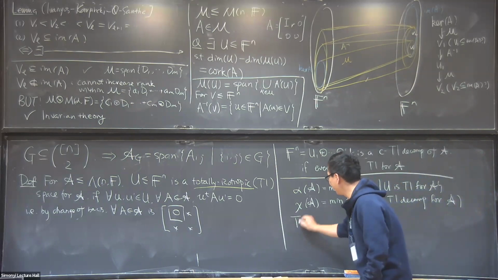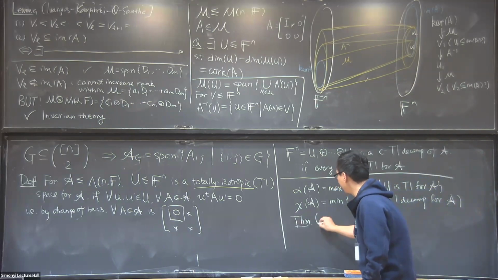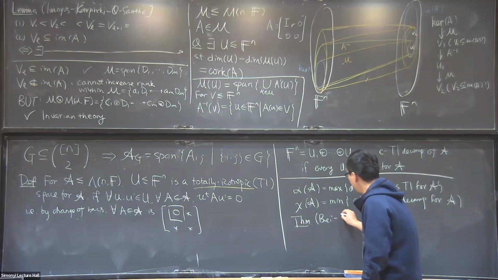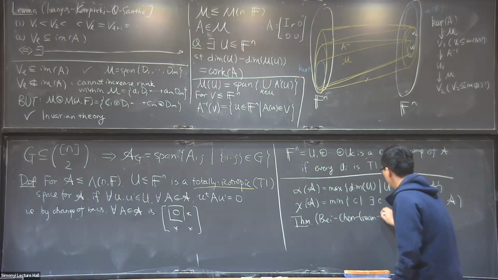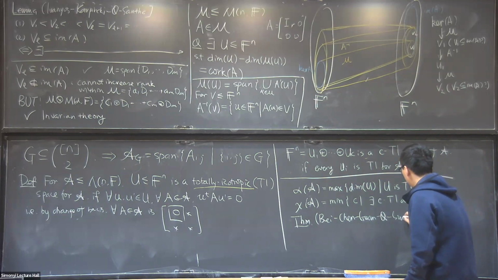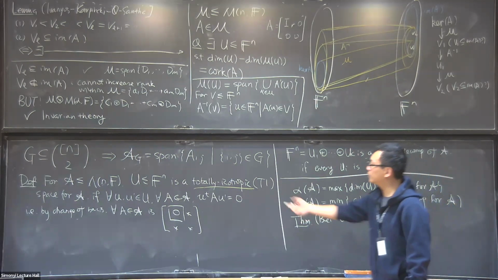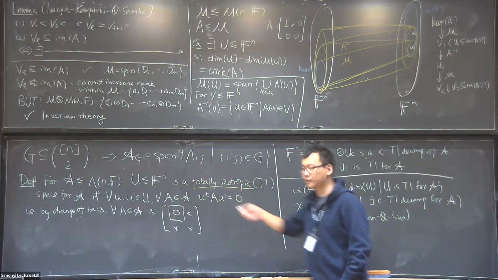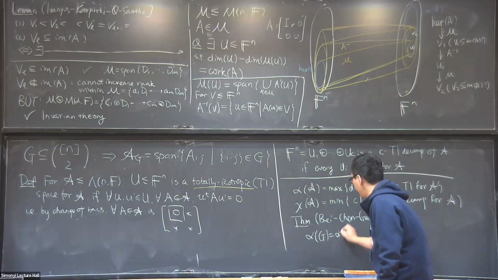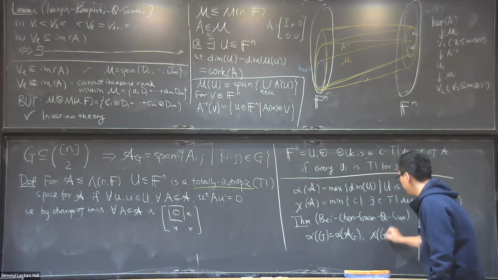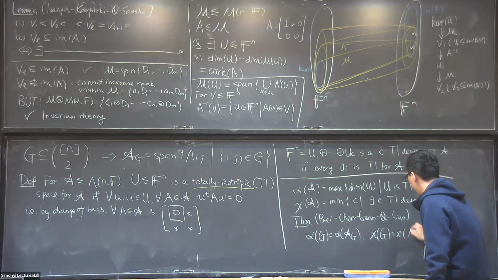So the theorem is that basically these two things hold, right? Alpha of G equals alpha of A_G and chi of G equals chi of A_G.